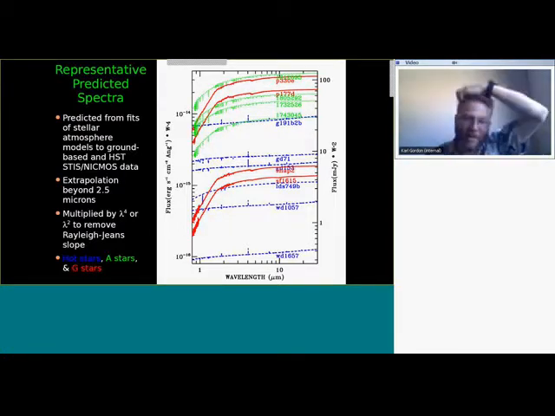Otherwise, the spectra would be extremely steep, and you wouldn't be able to see many details. So it's a nice way to look at it. This shows in red the G stars, in green the A stars, and in blue the hot stars. Just a few here, there's more.